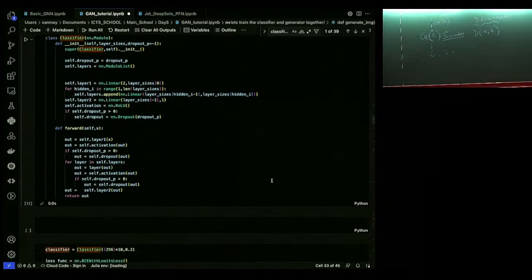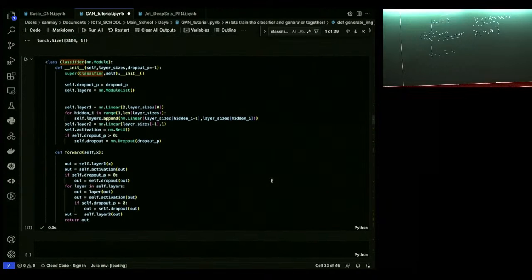Now, the classifier network, it's again some sort of multi-layer perceptron. You can see a stack of linears and ReLUs, the activation, and the first dimension is 2 because we are working on a 2D point cloud.